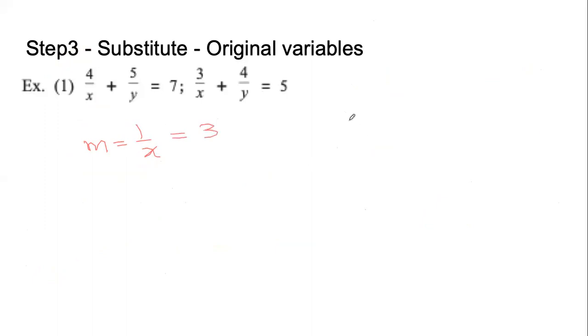We said n equals 1 by y, and we have found n equals minus 1. So instead of saying m equals 3, now we have 1 by x equals 3 and 1 by y equals minus 1.